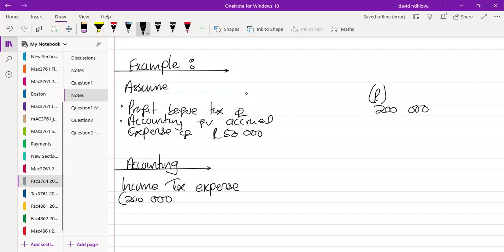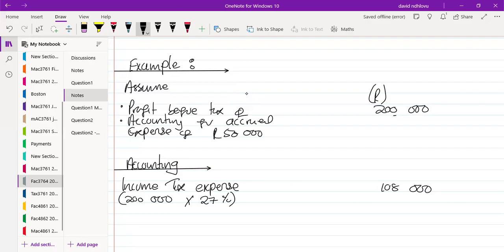Now, what it means is that the whole amount of 200,000 attracts taxation as long as it does not contain exempt differences. So multiplied by our rate of 27%, we'll be having a tax amount of how much? This will be 108,000 here. Am I correct? No, it can't be.